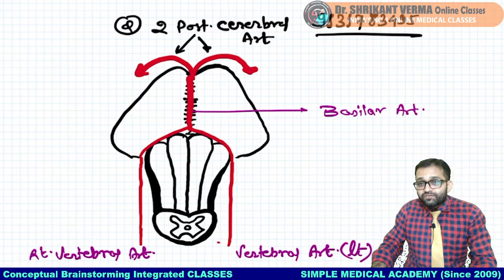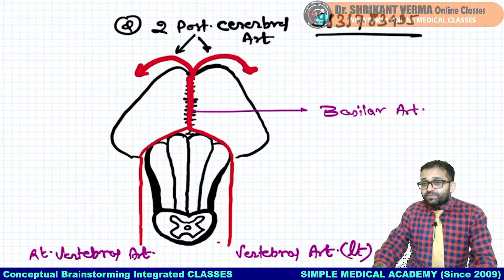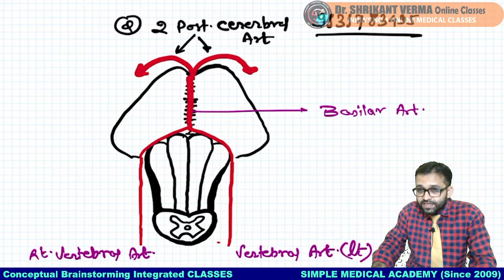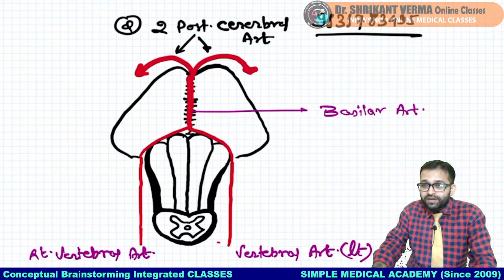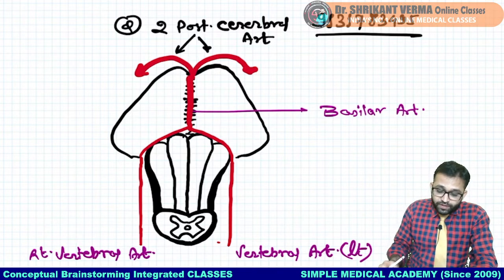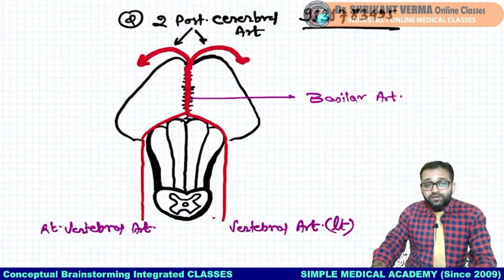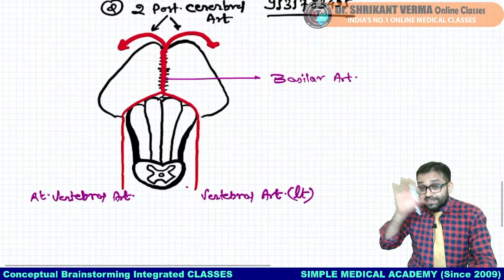Getting the point? Fine. Now try to understand our different points step by step. Yes, Hussain Shakir, please keep your background muted, noise is coming. Okay. So what we are going to look at are the different arteries. Try to understand more points related to our cistern.